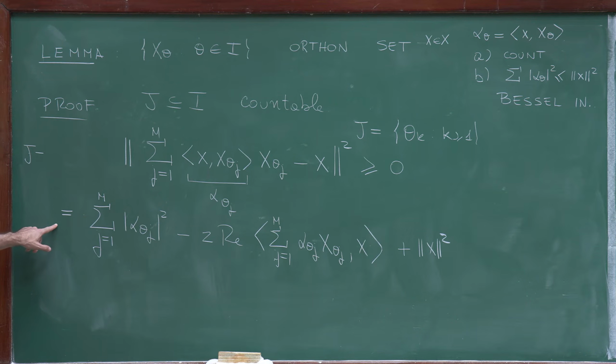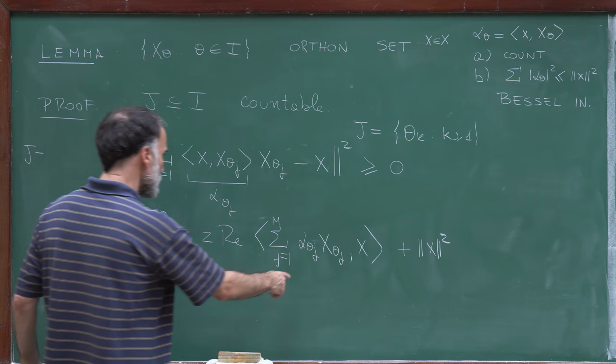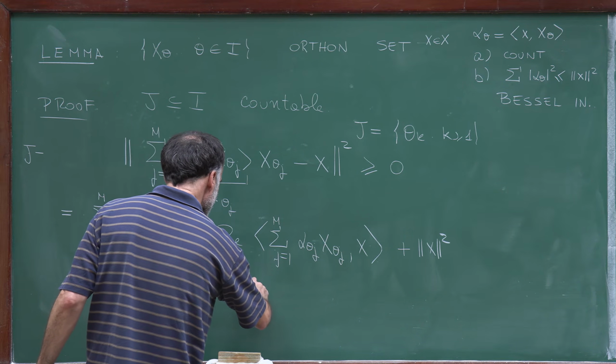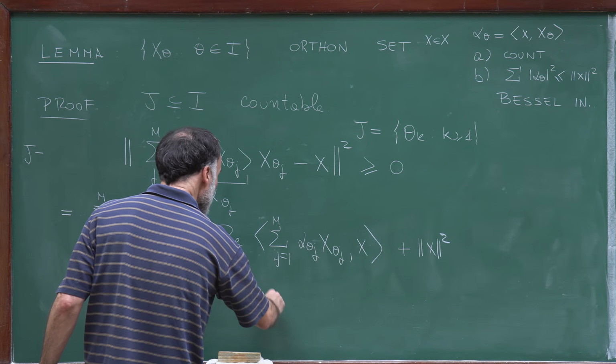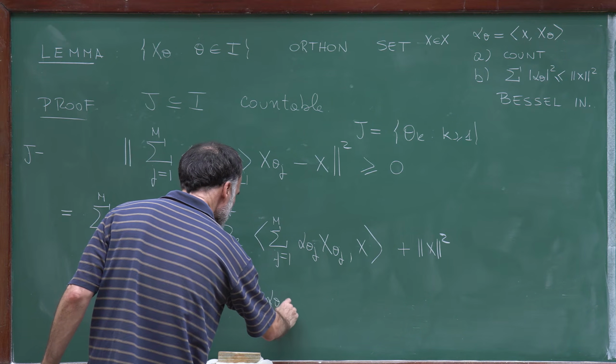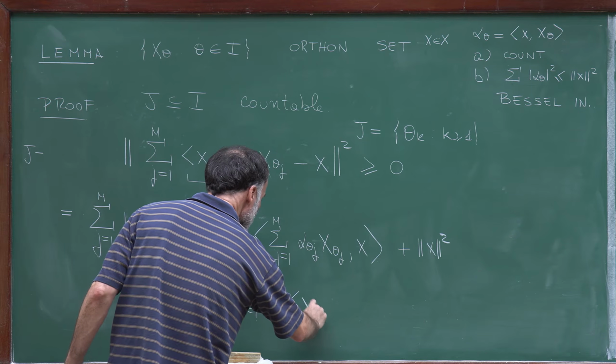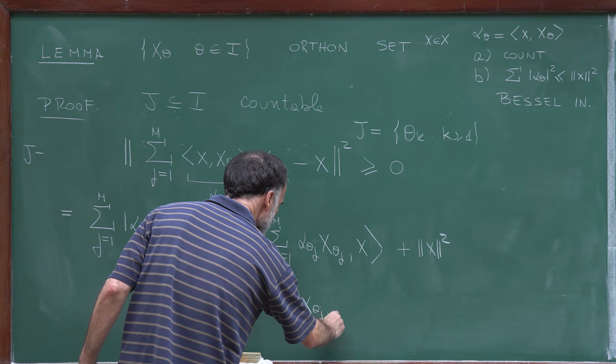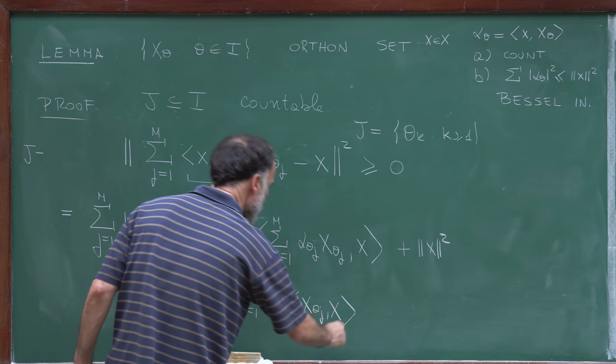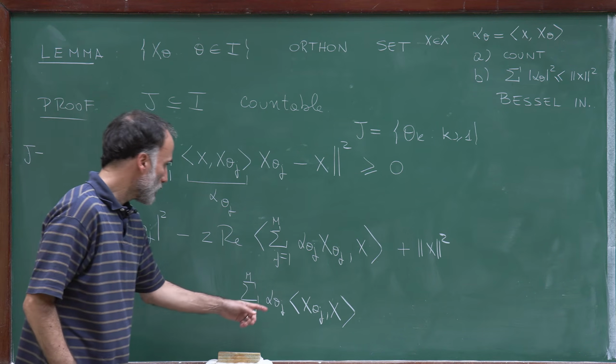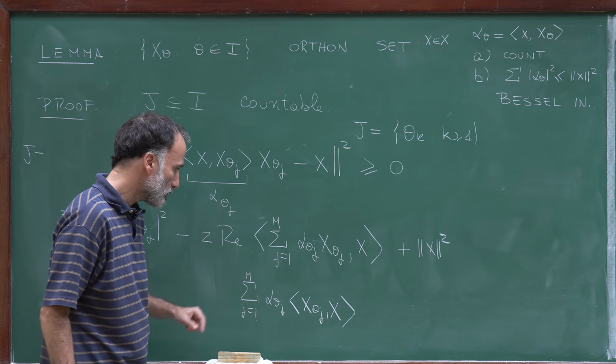I leave it to you to check this identity. By linearity, this is 2 times the real part of this.